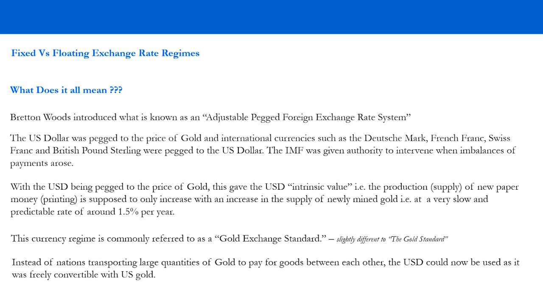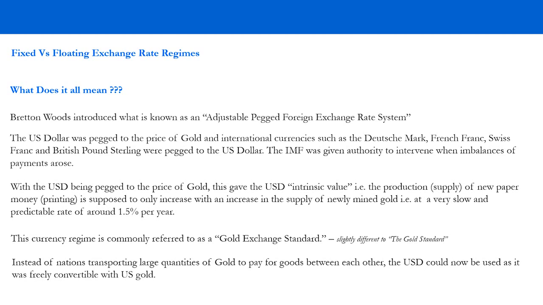So what does that mean? It means the paper currency actually has a value, i.e. the production or supply of new money, new paper. What's supposed to happen is that it's supposed to only increase, so the supply increasing with an increase in the supply of newly mined gold, so at a very slow pace.